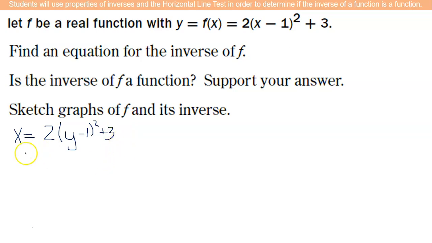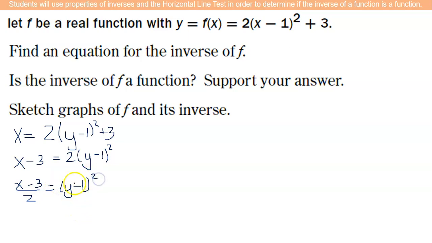So we're going to subtract 3. Then we're going to divide by 2. Then we're going to take the square root.